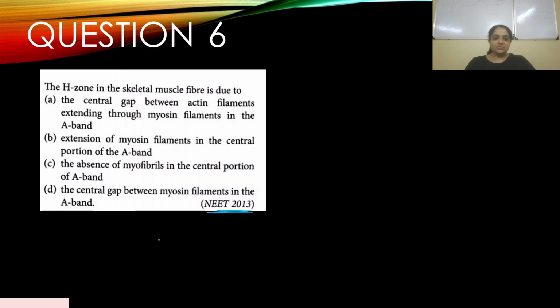C, the absence of myofibrils in the central portion of the A band. D, the central gap between myosin filaments in the A band. Ideally, the answer is A. The answer should be A.